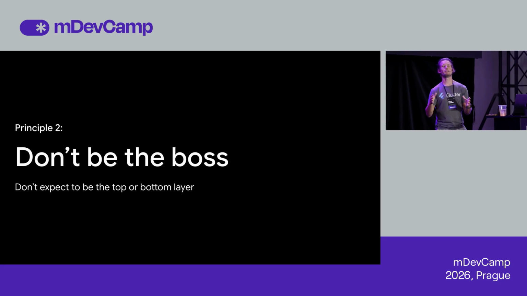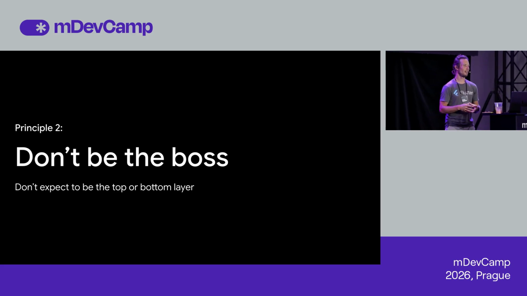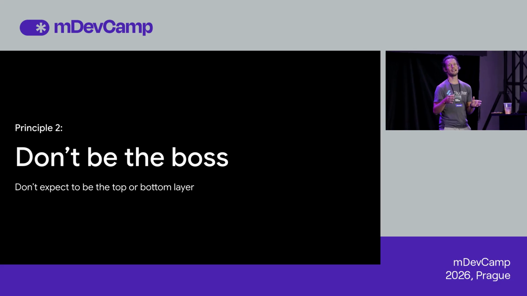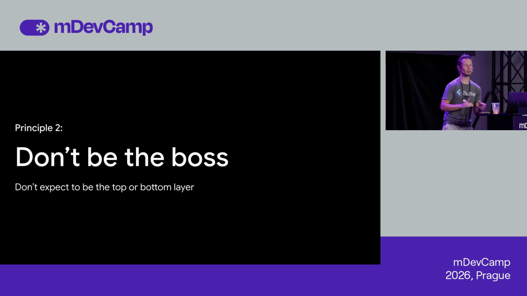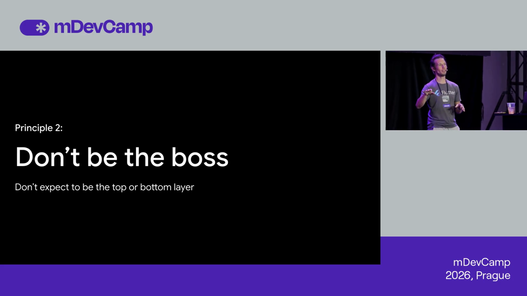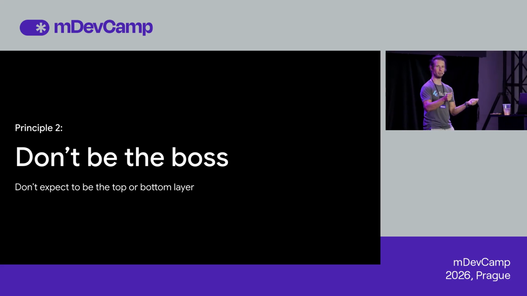Another way that you can avoid being the boss is to add API capabilities in your layer so that problems can be solved in another layer. And this is already starting to touch on the communication structure of our ecosystem. So if a problem can only be solved in your software, in your layer, then if someone wants to make a change, they need to send a pull request, right?